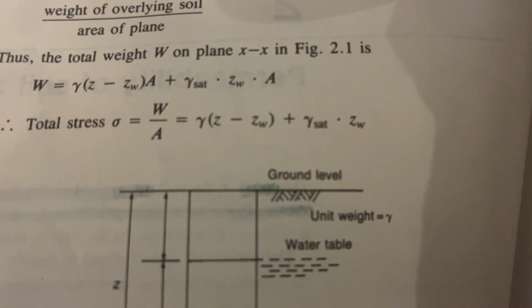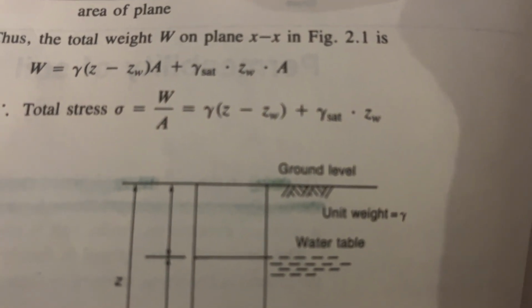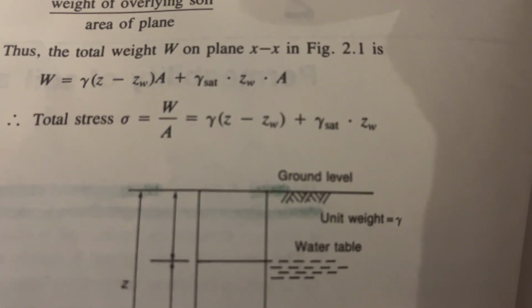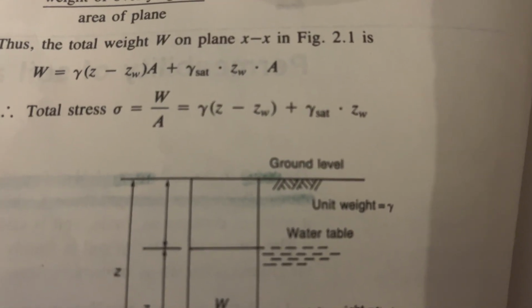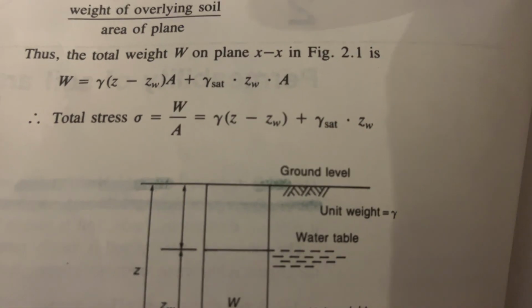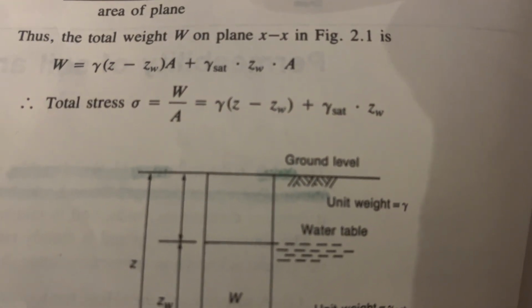Thus, the total weight W on plane XX in figure 2.1 is W equals gamma (Z minus ZW) A plus gamma sat times ZW times A. Total stress sigma equals W divided by A. Oh yeah, so you just take out the A's on both sides.